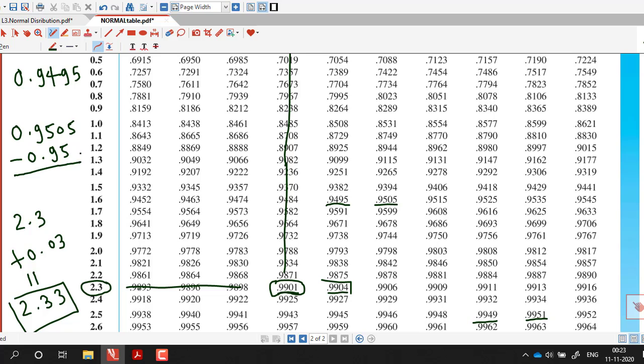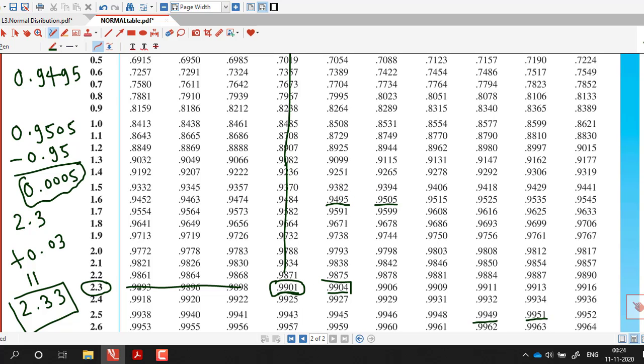0.9505 and 0.95, then 0.9505 minus 0.95, this difference is 0.0005. Similarly, if we take the difference between 0.95 and 0.9495, the difference will be the same, 0.0005.